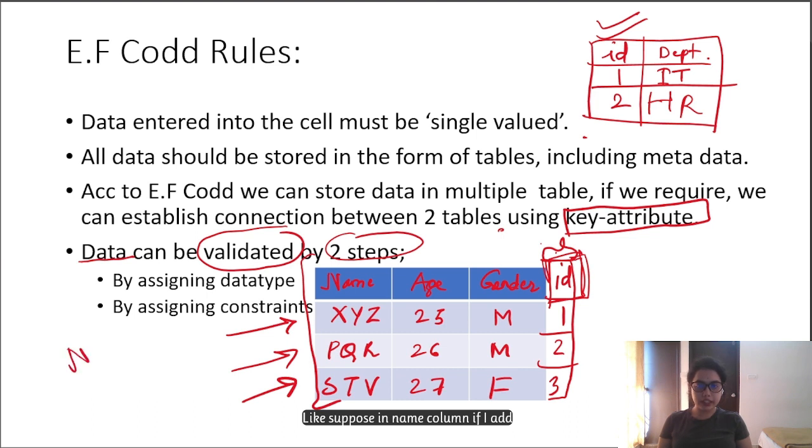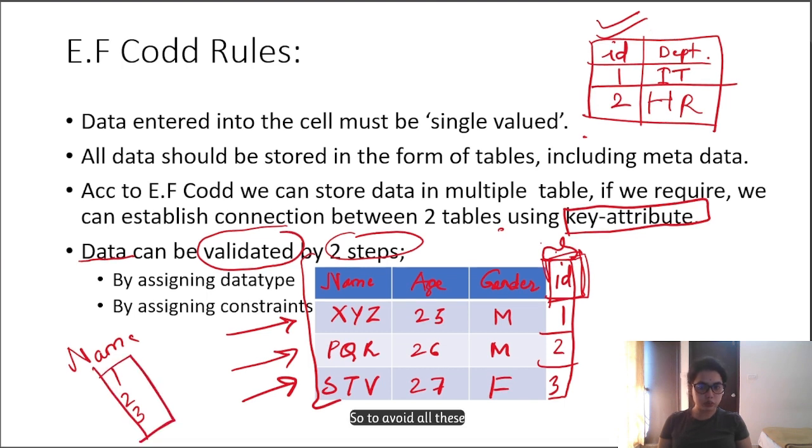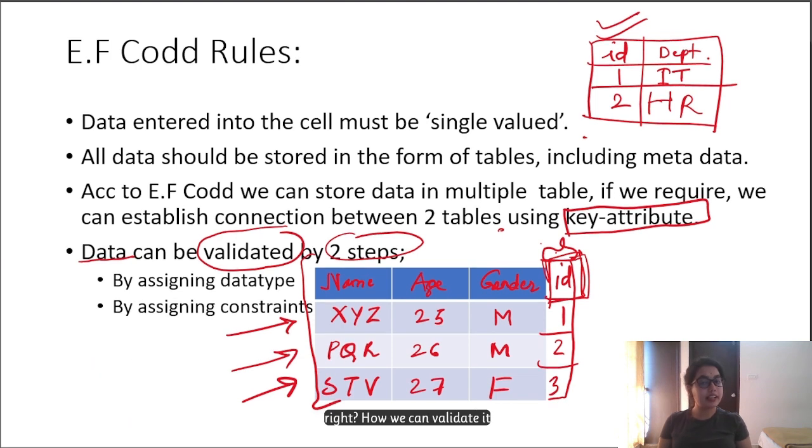Like suppose in name column, if I add 1, 2, 3, it doesn't make any sense, right? So to avoid all these things, we need to validate our data, right? How can we validate it? First, by assigning the data type, and second, by assigning your constraints.